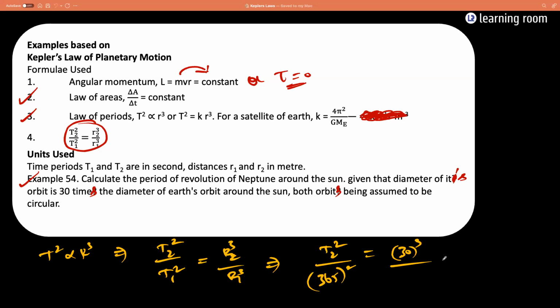The 2 will get cancelled in 30 cube divided by R cube. So actually it is 30R divided by R. Find out what the answer is and tell me.